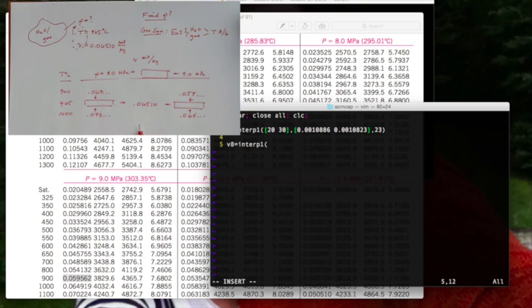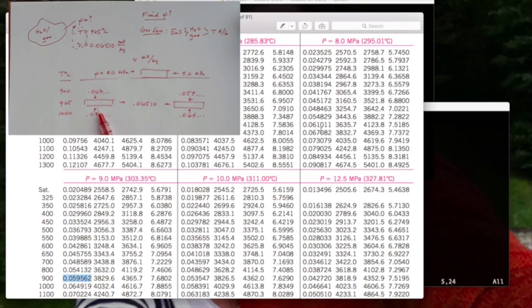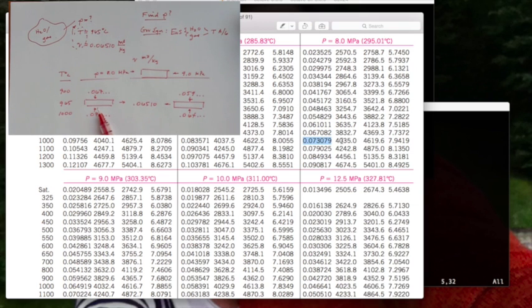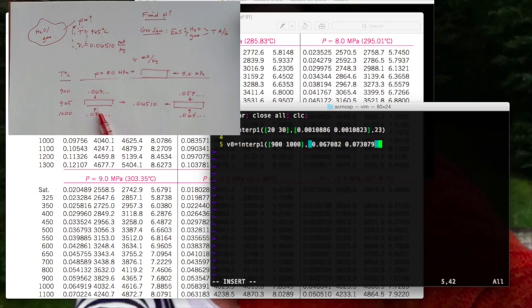So we're going to be between 900 and 1,000, and our values of volume there are going to be cut and pasted directly out of the appendices of our book. And what we're interested in is this at 965 degrees centigrade.